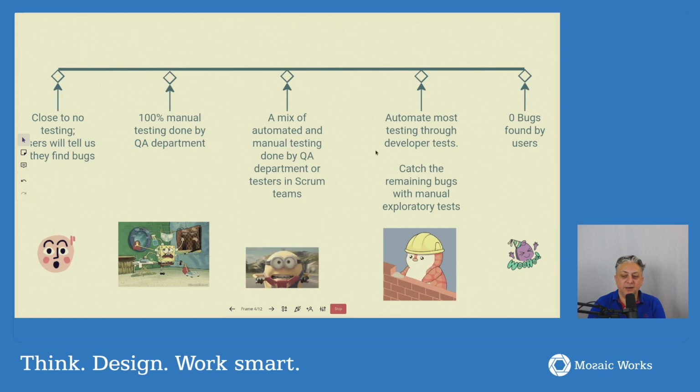And then the next level is automating most testing using developer tests. And by developer tests, I mean tests written by programmers. Programmers write their code. With the code, they also write tests that cover that code. And in doing so, they ensure that, one, you don't have regression.